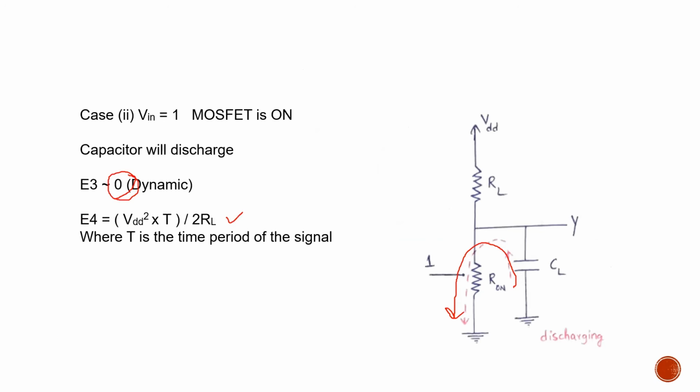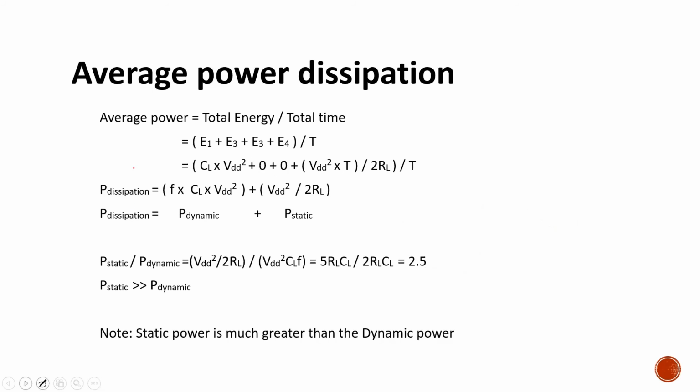This one, guys. So here what I want to conclude is the average power dissipation of an NMOS inverter, meaning the total energy by time is the average power, meaning E1 plus E3 plus E2 plus E3 plus E4. Okay, so here E1 is CL VDD square, E3 and E2 are zeros, and E4 is VDD square into T by 2RL.